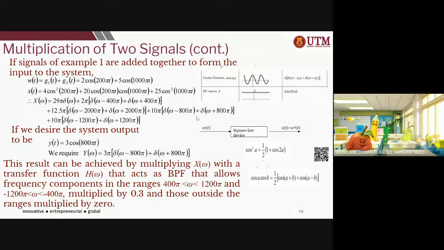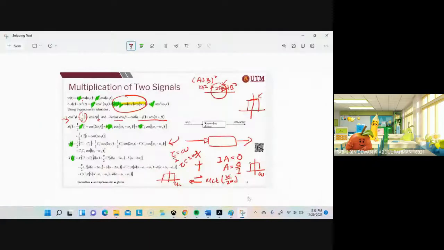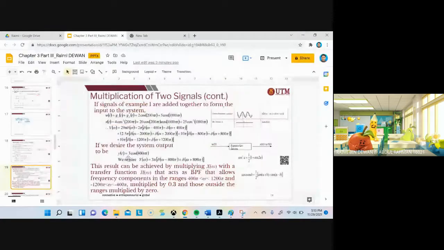Okay, how am I going to do it? Okay, wait for a while. Okay, in order for you to know what the A here is, it is 3 for this case. So output minus input. So you can see your output, 800 pi. Where is the 800 pi? You can see here is 10.